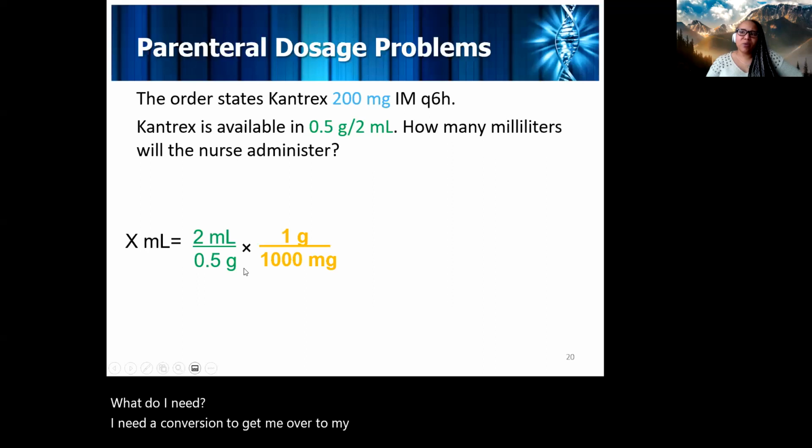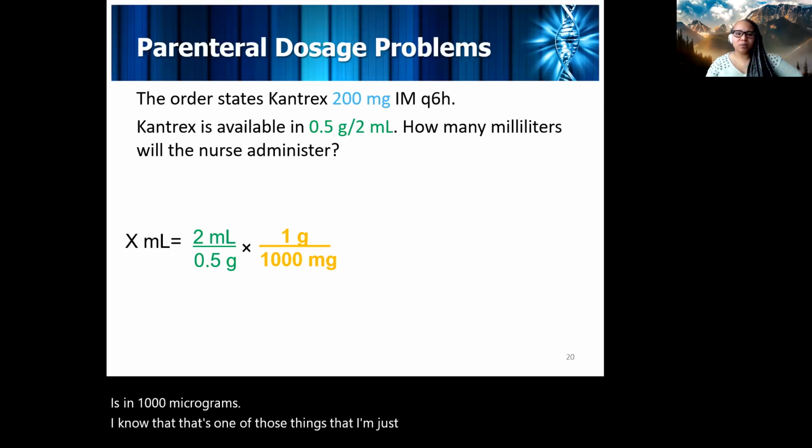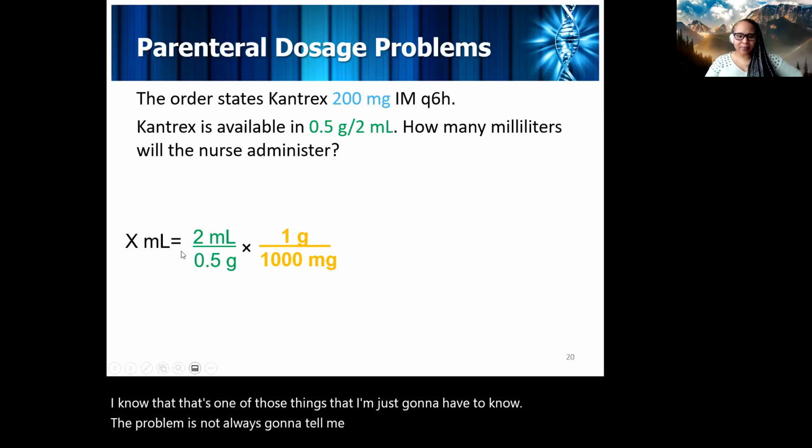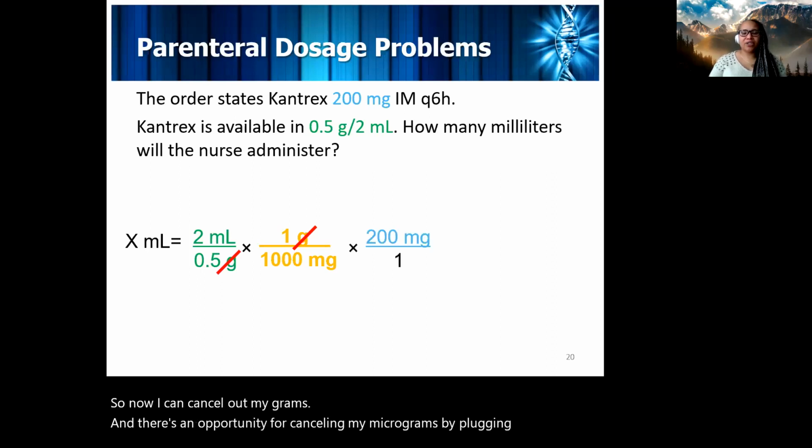So I know that 1 gram is 1,000 micrograms. That's one of those things that I'm just going to have to know. The problem is not always going to tell me the conversion that I need. So now I can cancel out my grams, and there's an opportunity for canceling out my micrograms by plugging in my 200 micrograms over 1.